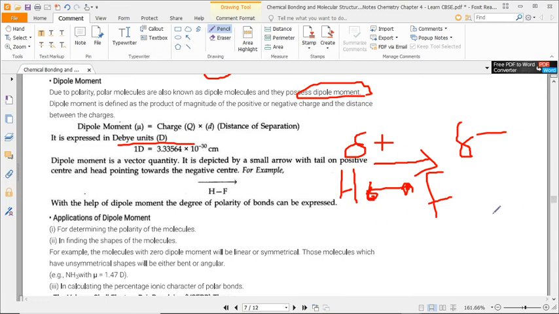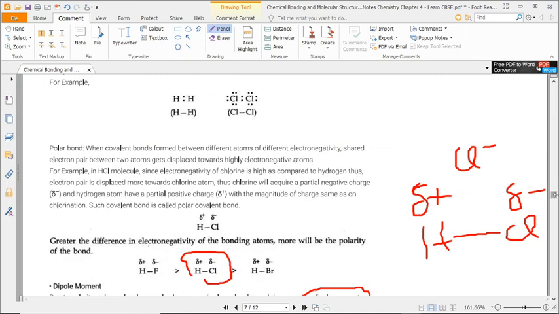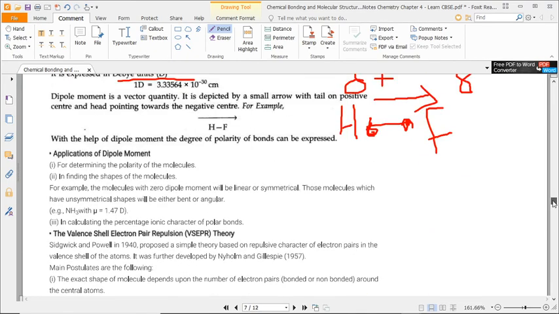So where do you find the application of this dipole moment? When you have to determine the polarity of the molecules, when you have to determine the shape of the molecule, and for molecules with zero dipole moment, it will be linear or symmetrical. Is it not?